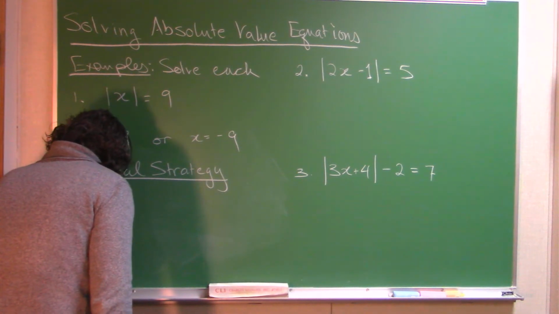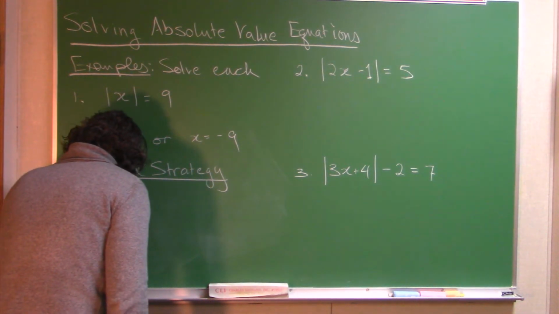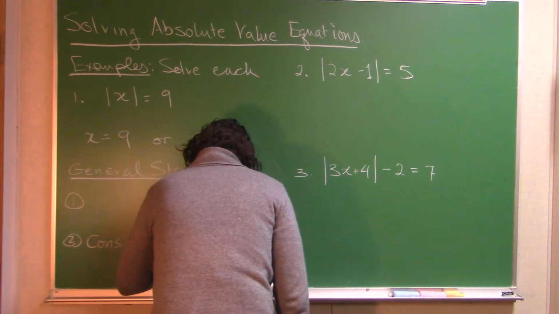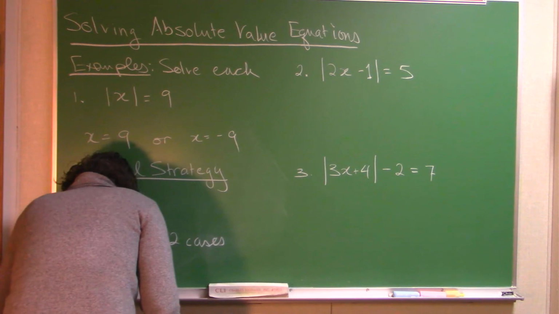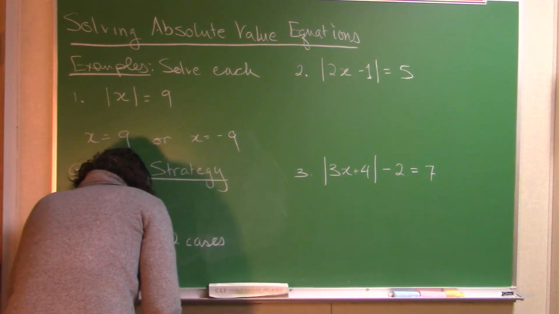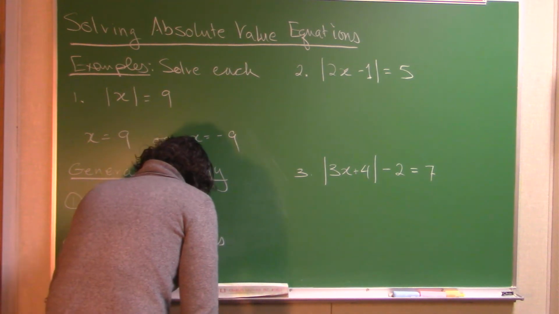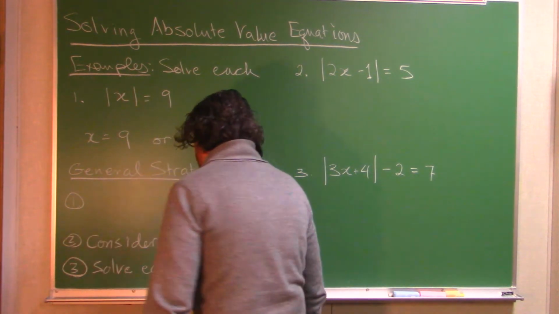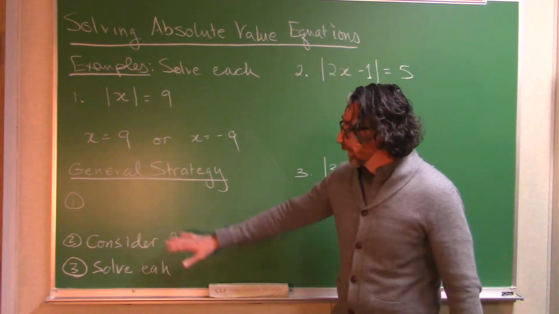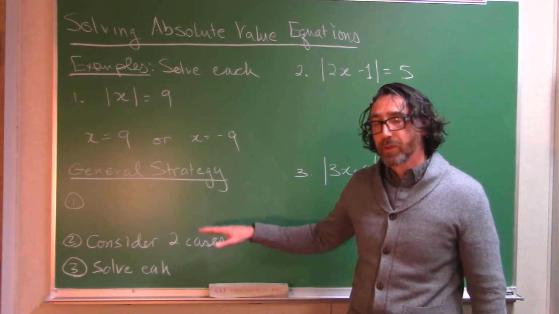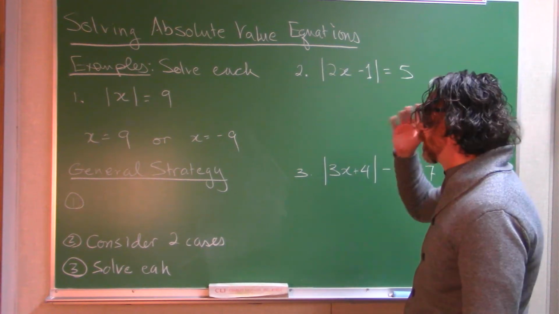Now we sometimes have to do something before that. So I'm going to leave a little space there. So we'll typically have to do something before we can even get to the two cases, and then we'll consider each of the two cases independently.